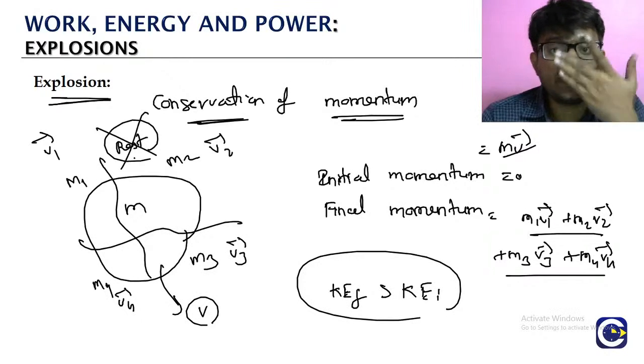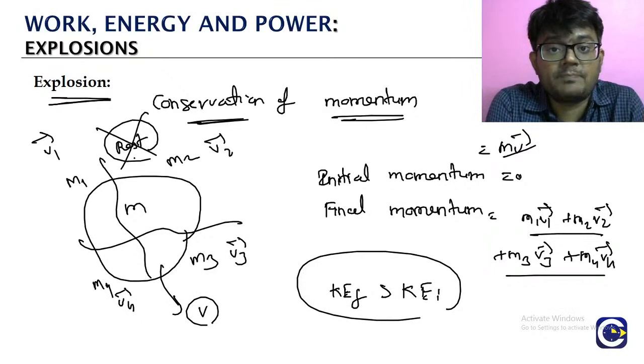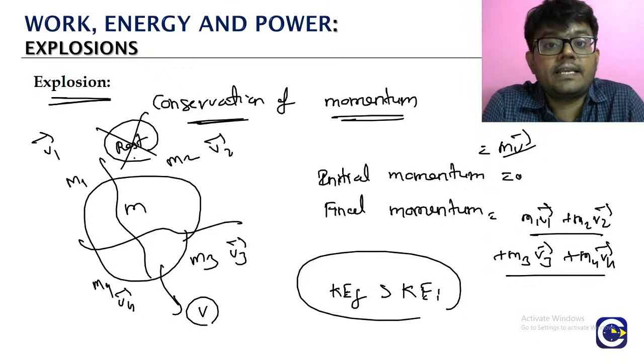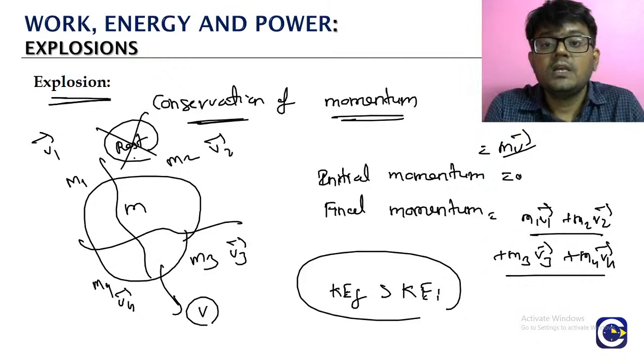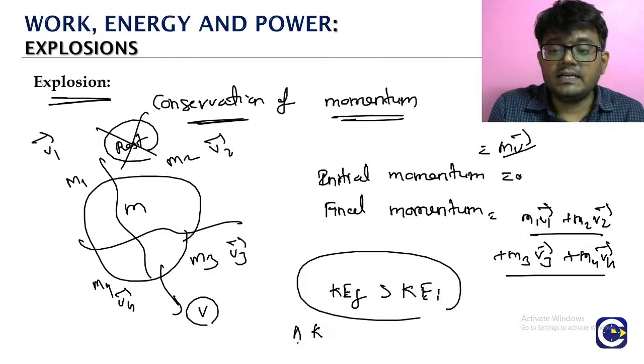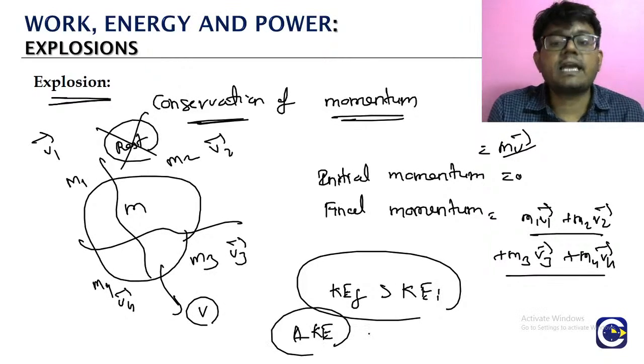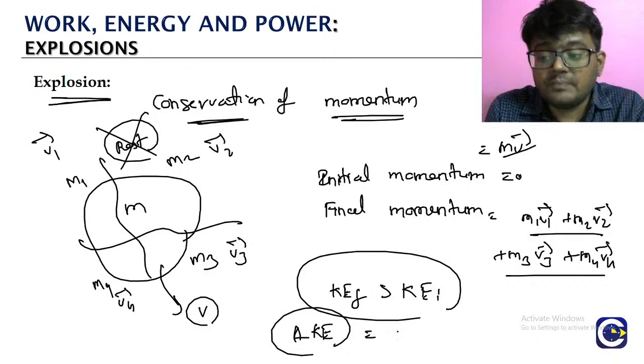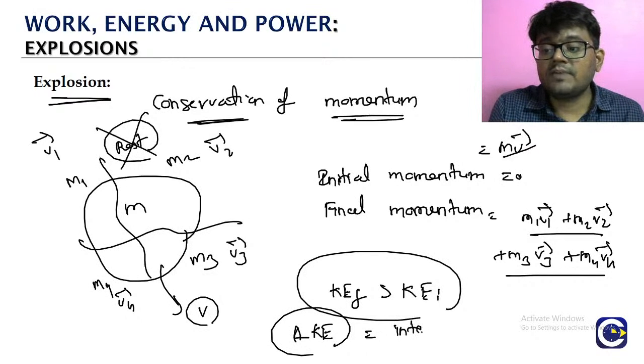So when we add all the kinetic energies, the final kinetic energy will be more than the initial kinetic energy of the original object. Where is this energy coming from? This change in kinetic energy comes from the internal energy.